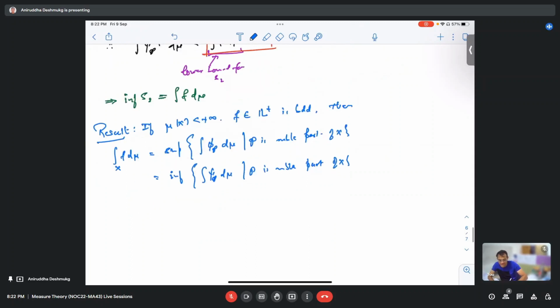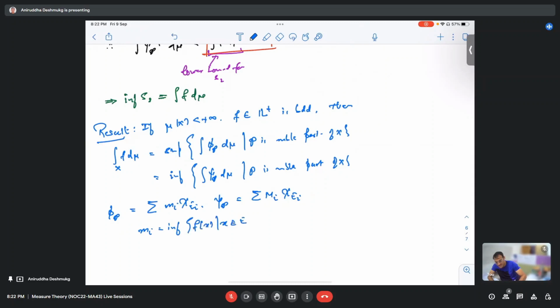And what are these L_P and C_P? L_P is the simple function of small m_i chi of E_i. C_P is the simple function of capital M_i chi of E_i, where small m_i is the infimum of f(x) as x varies in E_i, and capital M_i is the supremum of f(x) as x varies in E_i. So is this clear?